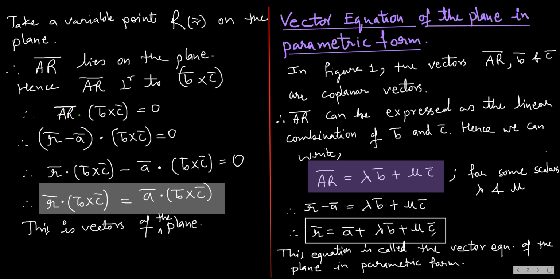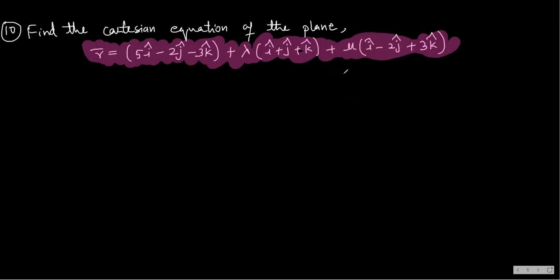So the same thing: r bar equals, this is a bar, the position vector of the point on the plane. This is b bar and c bar, the vectors parallel to the plane.